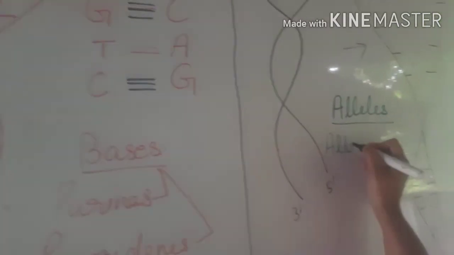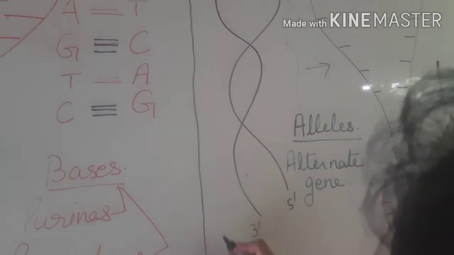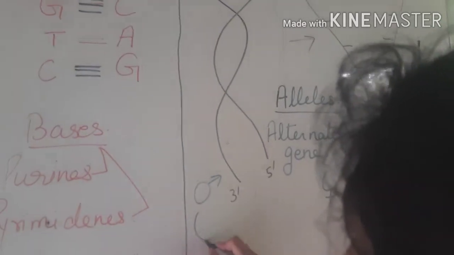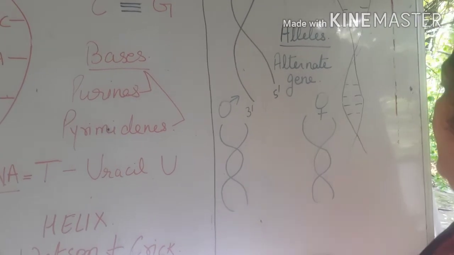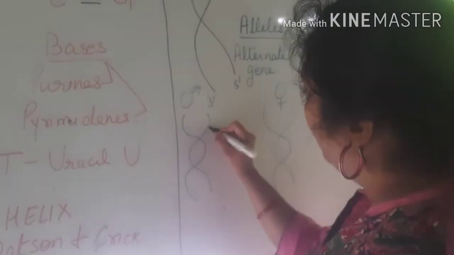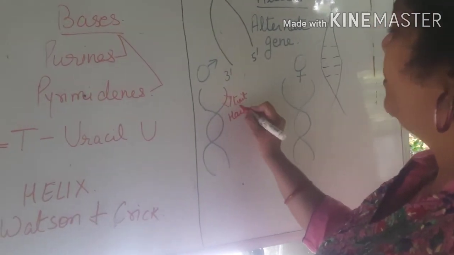Suppose this is the father's DNA and this is the mother's DNA. There might be some part of the DNA which is responsible for giving the trait of hair, that is, the color of the hair.